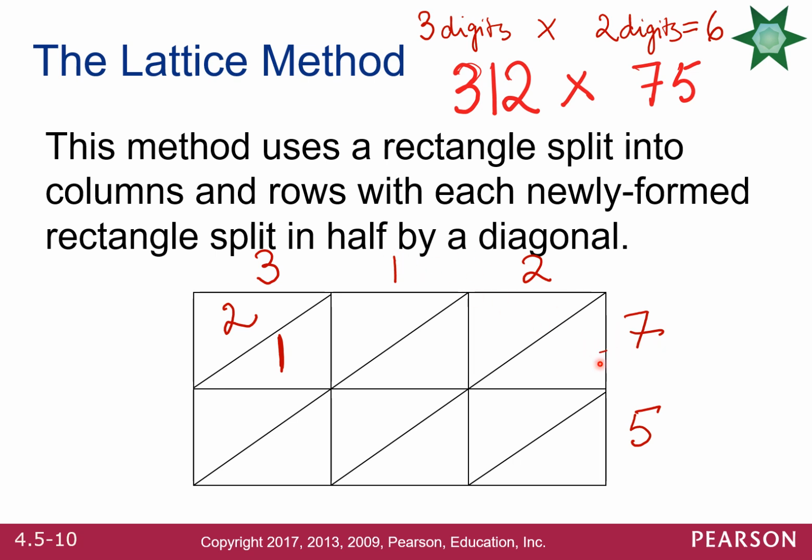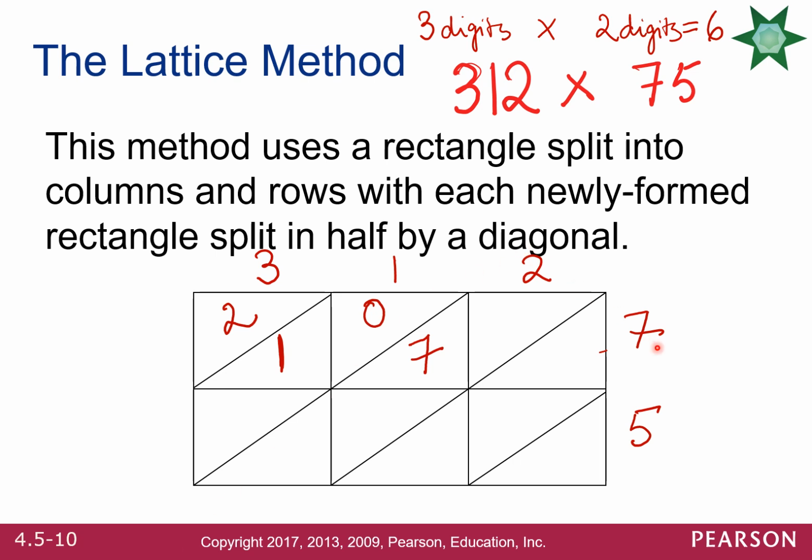Now 7 is a single digit value, but we still have to write it as 2 digits. So the digit to the left will be a 0. So we are going to write 0, 7. Let's do that. This is going to be a 0 and the 7 comes below.